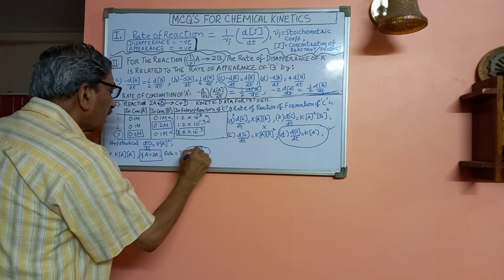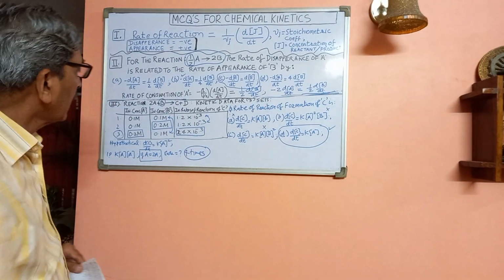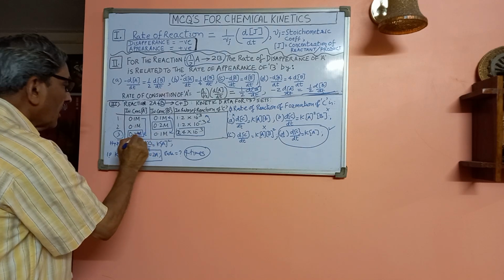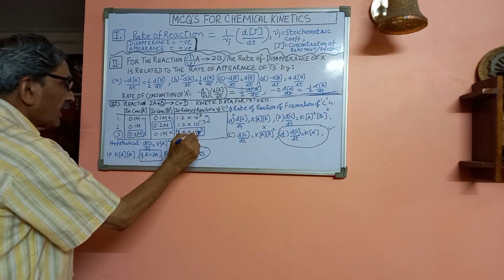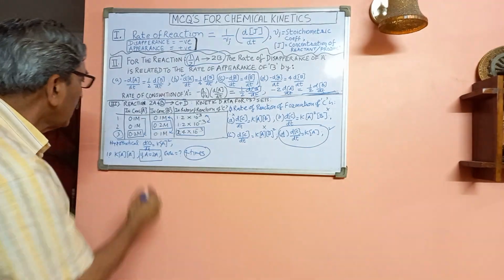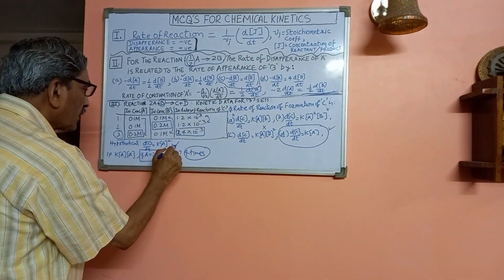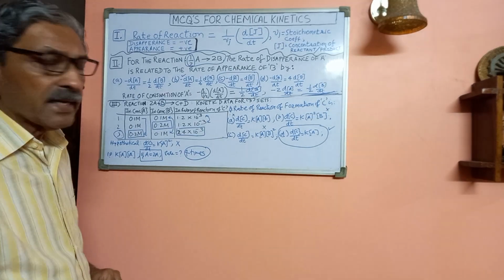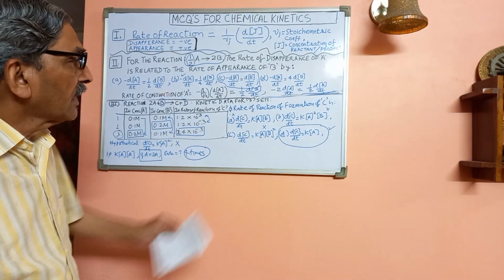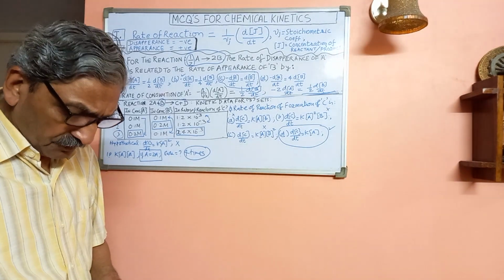So obviously this is not what we find. That means if you double the concentration over here, from here to here, you only double the rate. You don't make the rate go 4 times. This means that this hypothetical choice is also not correct, and we are left with only this choice D, and that is the right answer.